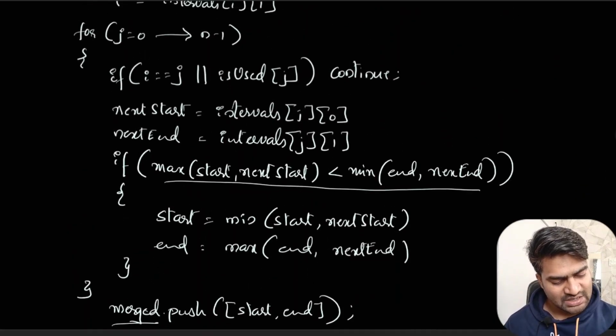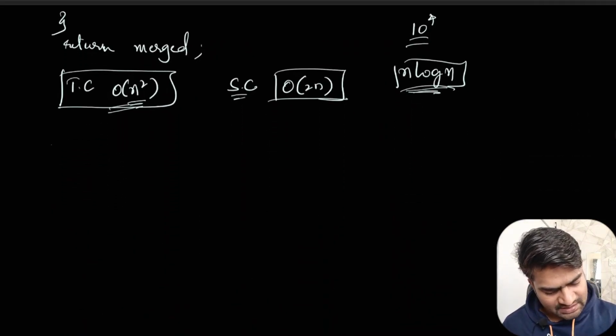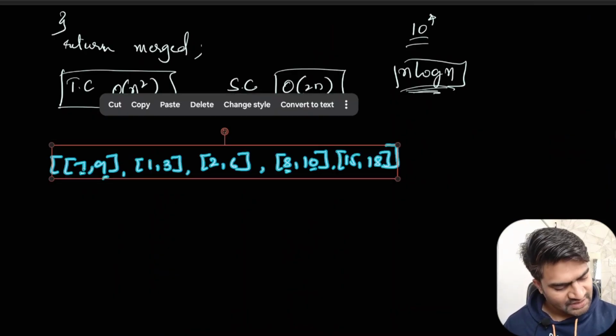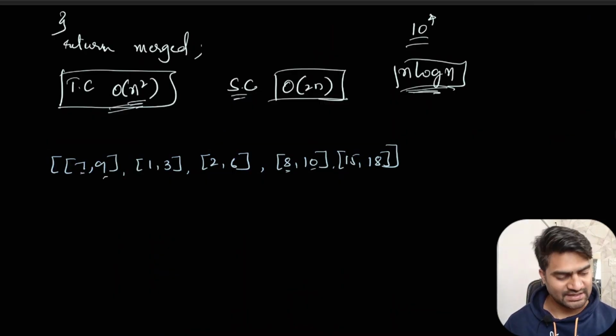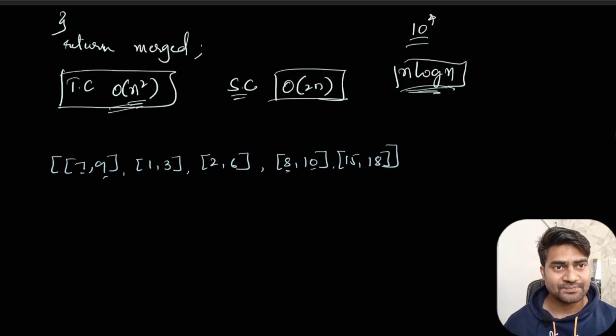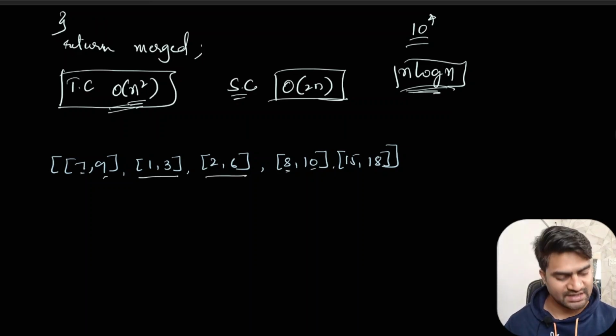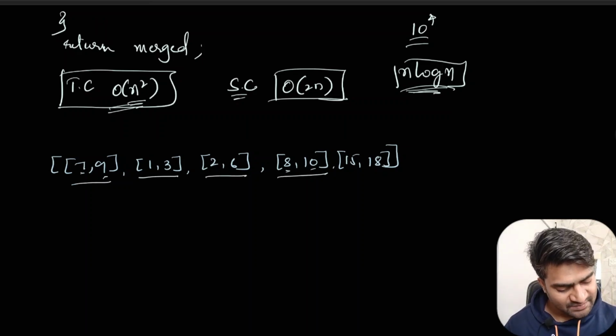So before that, I will paste my array again. Okay, so this is my array. Now if you see this particular interval, this overlaps with this, correct? This overlaps with this. So how do we say?